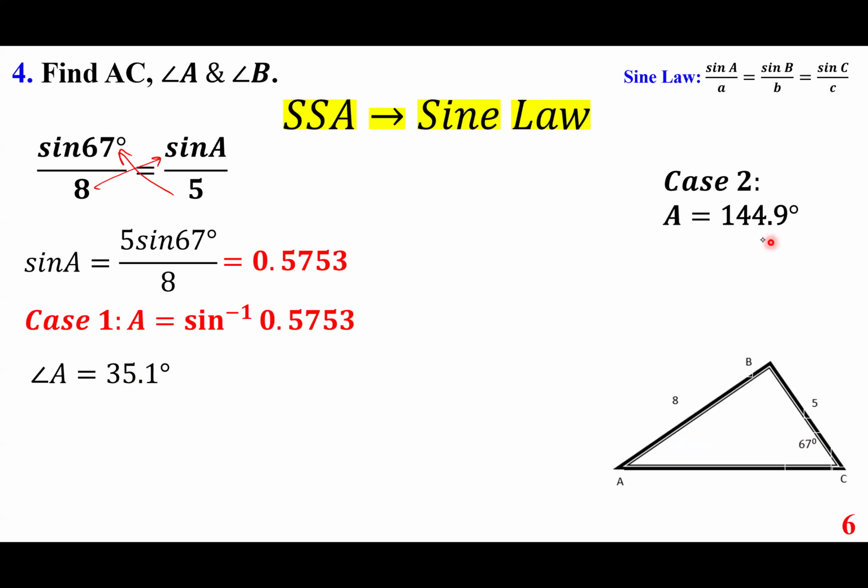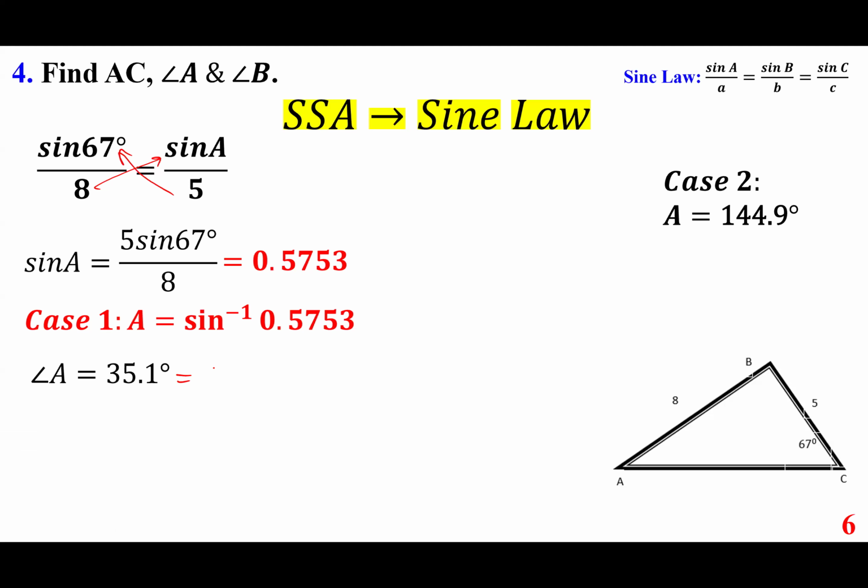Let me explain the second case first. This is angle A. As you know, sine is positive in the first and second quadrant. So this acts as the reference arc.